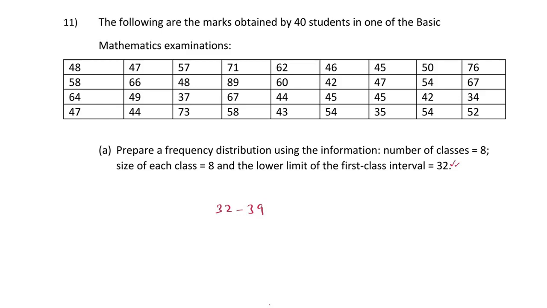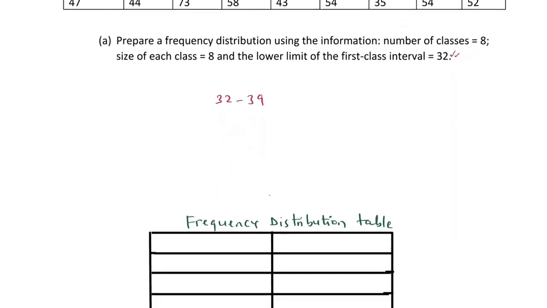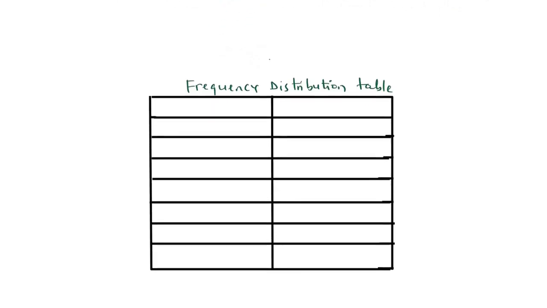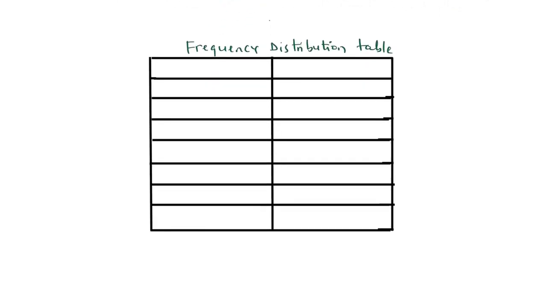Okay, so we are going to draw the table, which is going to have 2 columns. The first column will have class intervals, and the second column will have frequencies. The first class interval is 32 to 39. The second one is 40 to 47.